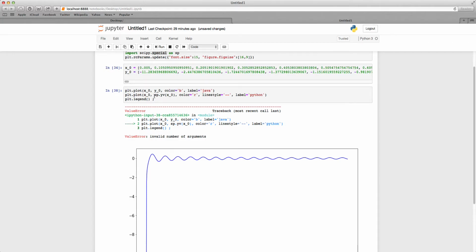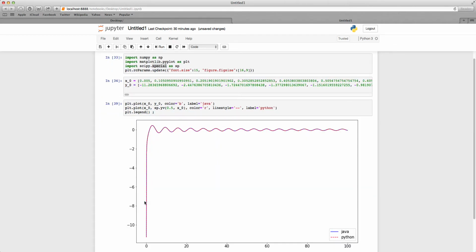What is the error here? Oh, okay, we need to give the index. The index was 0.5, and as you can see, we get a very good match.